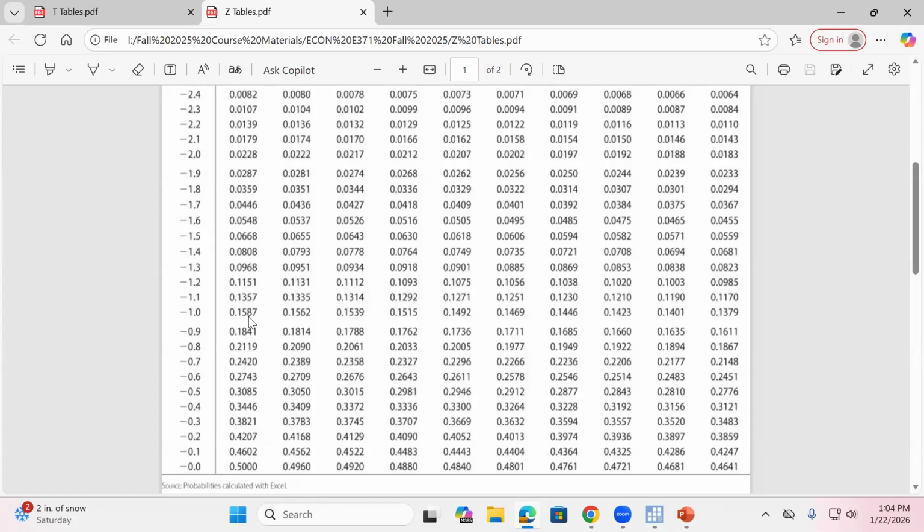That's every possible value. So the area under this curve will always be 1. So if I know the area to the right of +1 is 0.1587, what's the area to the left of it have to be? 1 minus that, right? So this would be what? 0.8413.